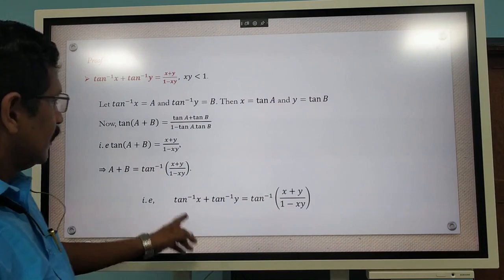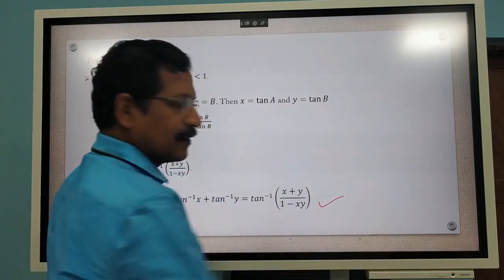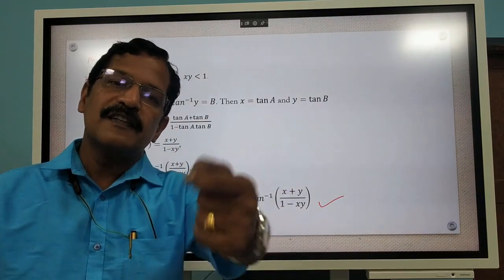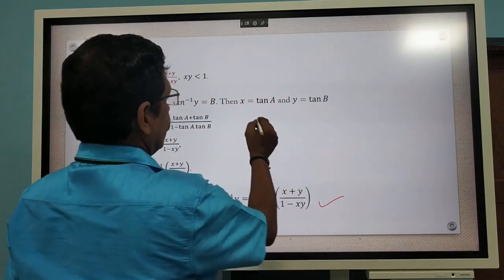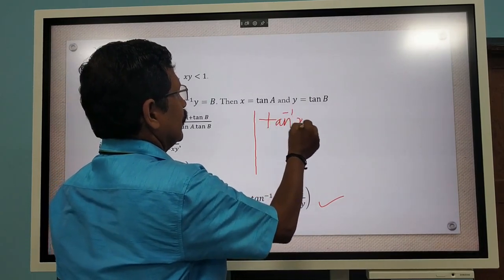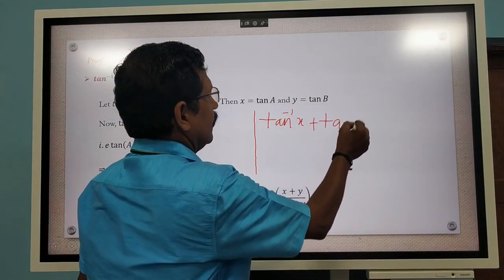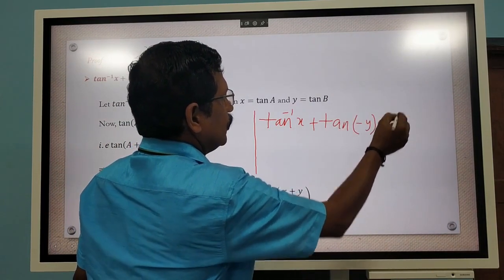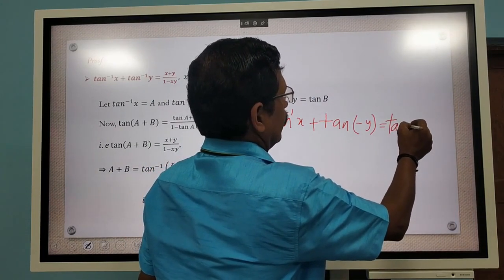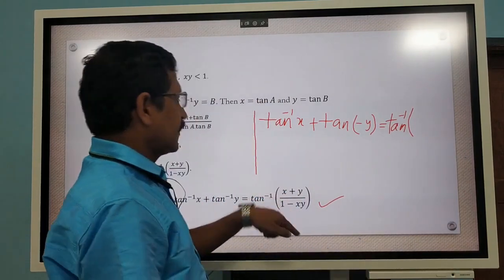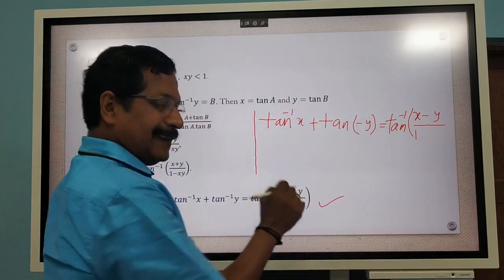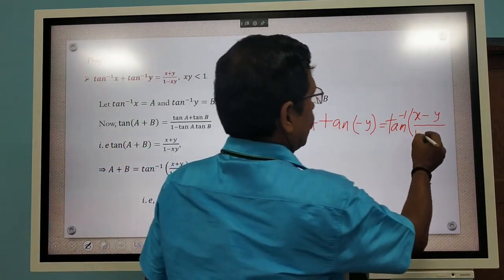What to do here now? Take this result. Now replace y by minus y. Instead of y, just replace it by minus y. So we will get tan inverse of x plus tan inverse of minus y is equal to tan inverse of x minus y by 1 minus x into minus y, so it becomes 1 plus xy.